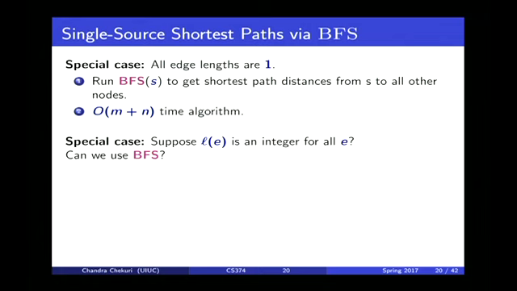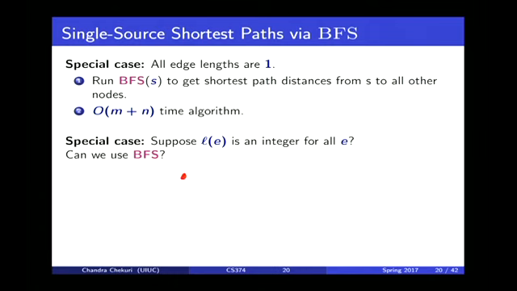Yeah, right, it's an integer, if I have edge length 5, I'll split it into 5 edges, right? I put vertices in the middle, yeah? Okay? So you can do that. Nothing stopping you from doing that, right?